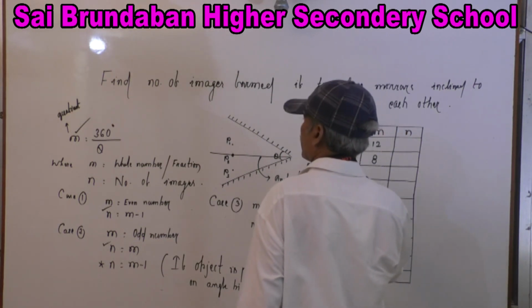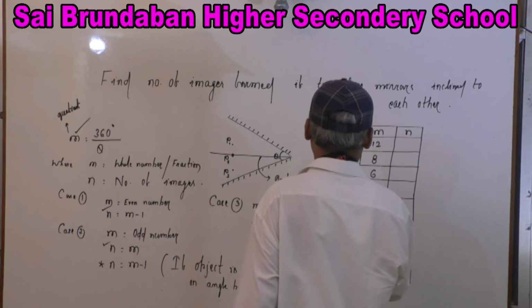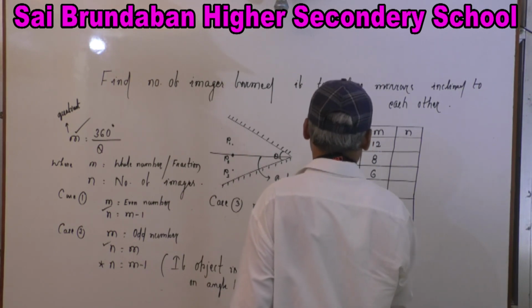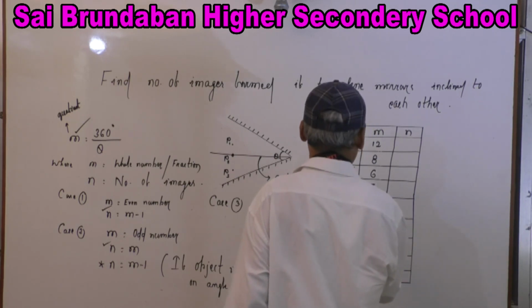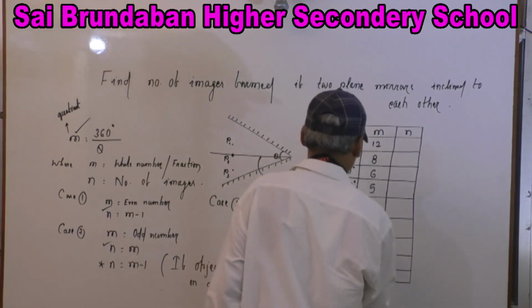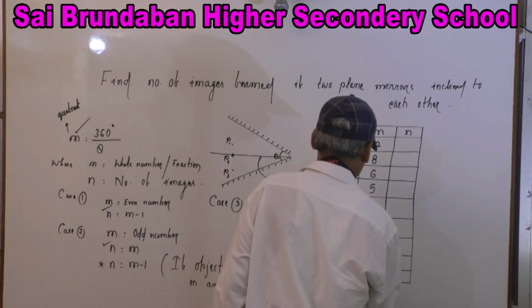Sixty degrees, 6. 72 degrees, 5. 75 degrees, 4.8. 90 degrees, 4. 120 degrees, 3. 180 degrees, 2. 0 degrees, infinite.